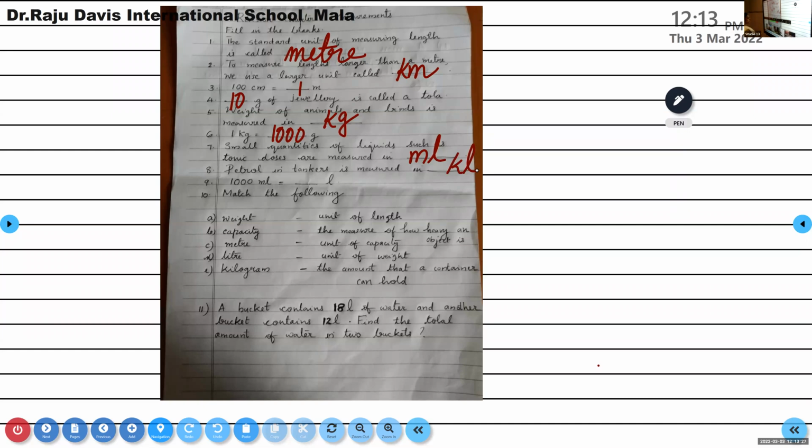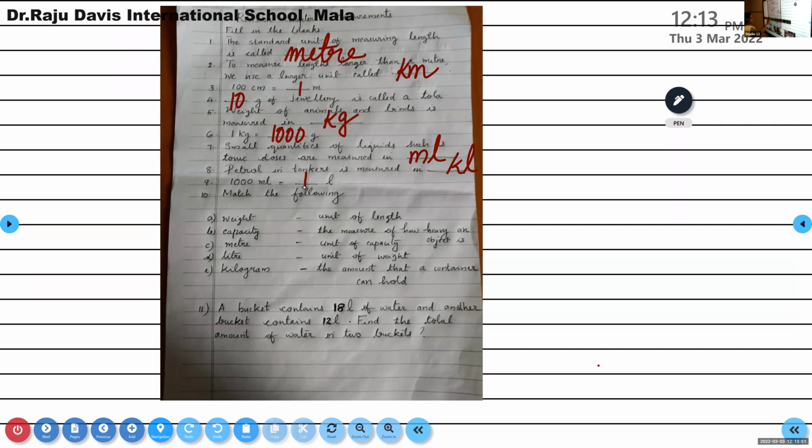Anna, 1000 milliliter is equal to dash liter. 1 liter. We just discussed that now, my dear. 1000 milliliter is equal to 1 liter.